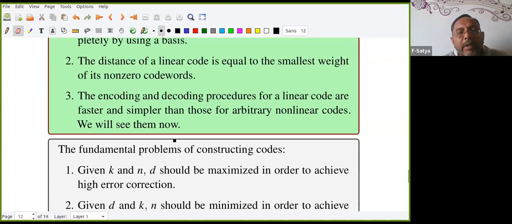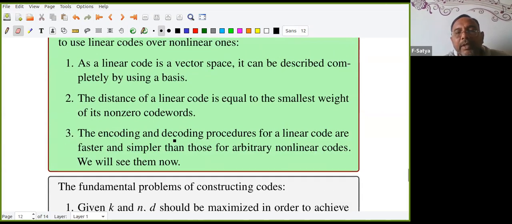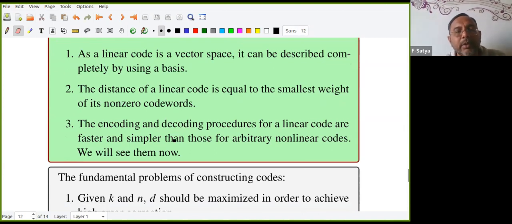But why is this useful? I will give you the reasons why. With a basis, how do you get all the vectors and the entire code? You know that it is a linear combination, but how do you get it?